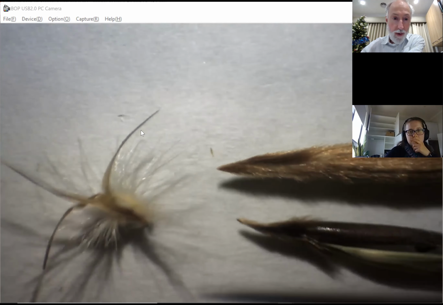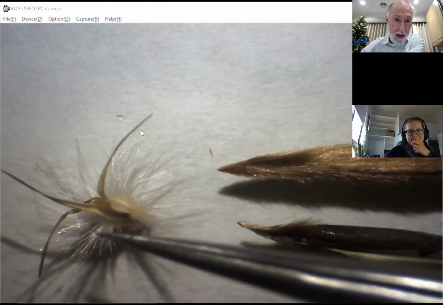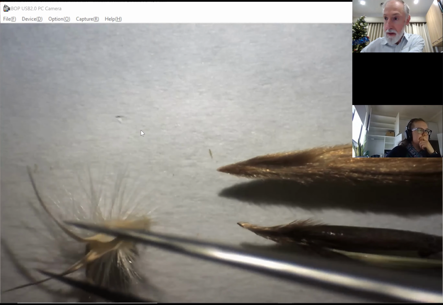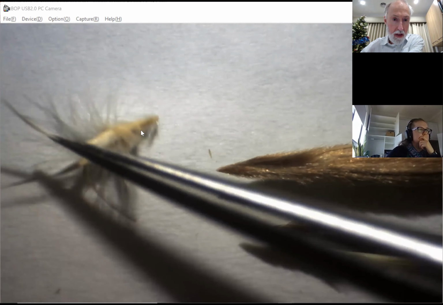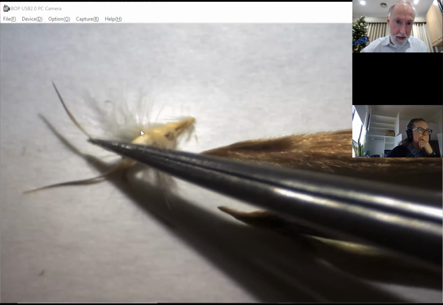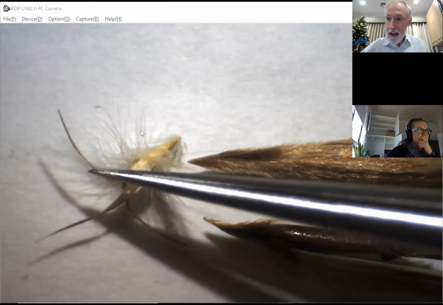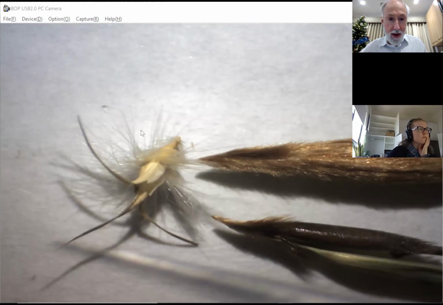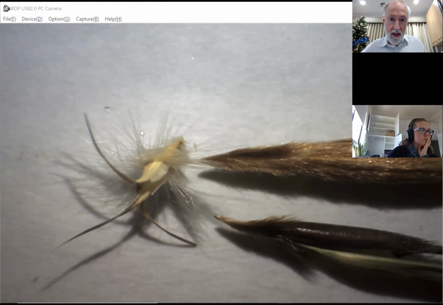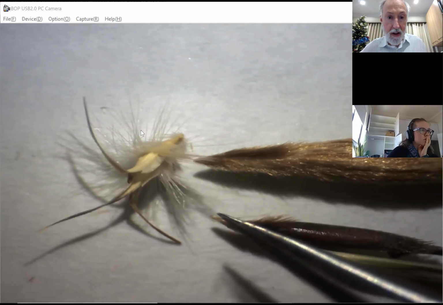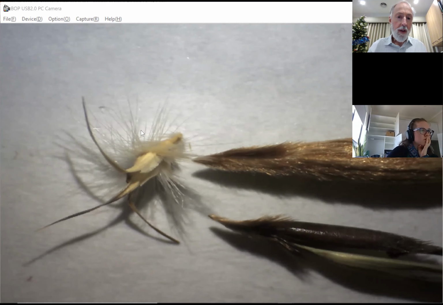It's proving very difficult. Yeah, I'm really having difficulties, but I think I can do it now. Okay, I can see the two little triangular projections there. I can see one sticking out there.